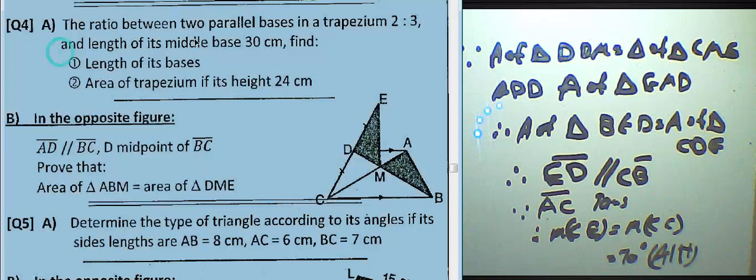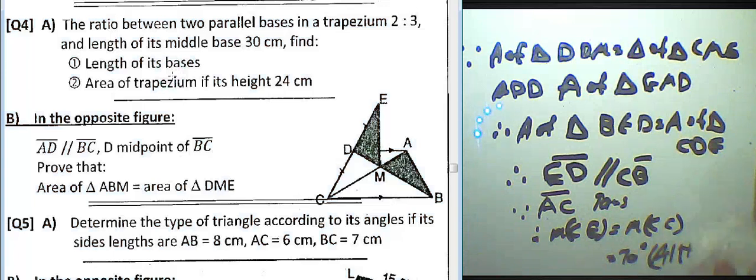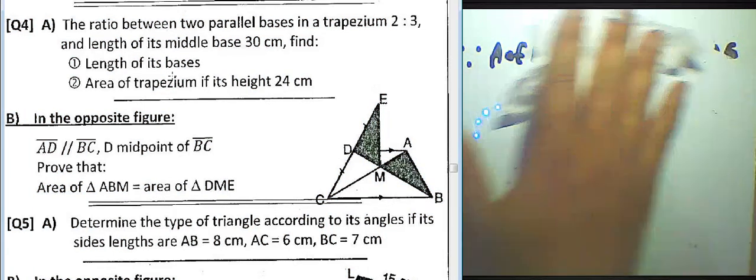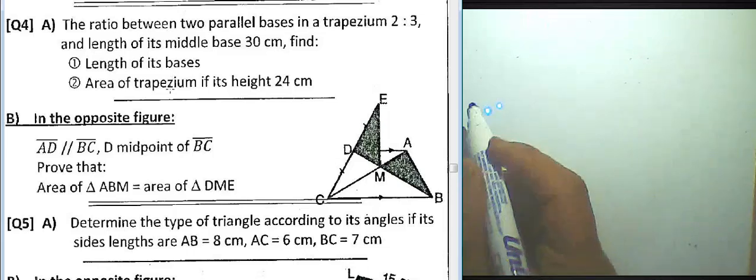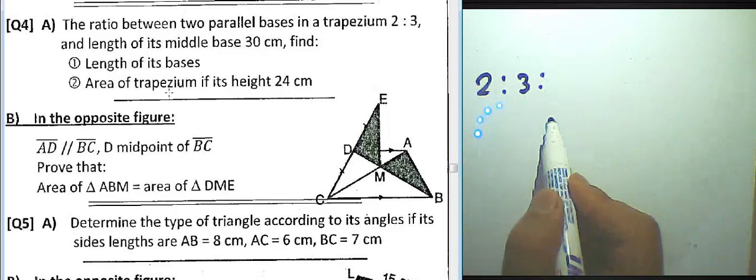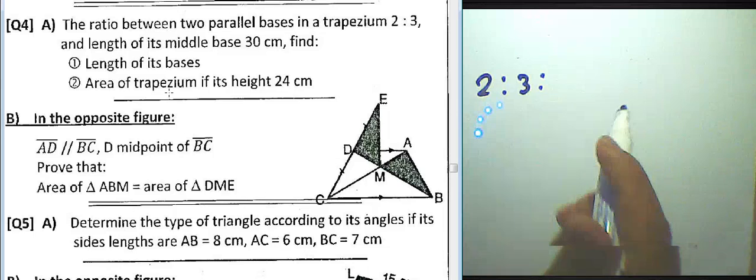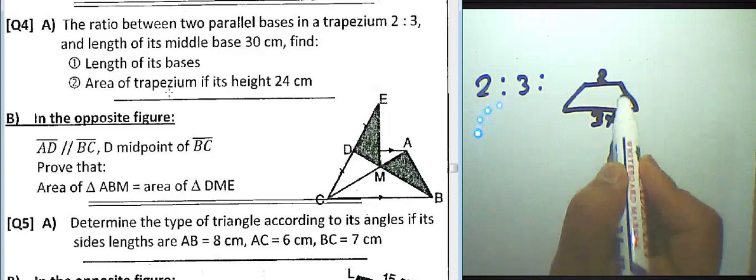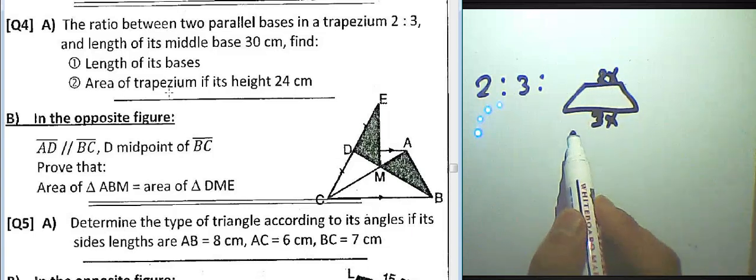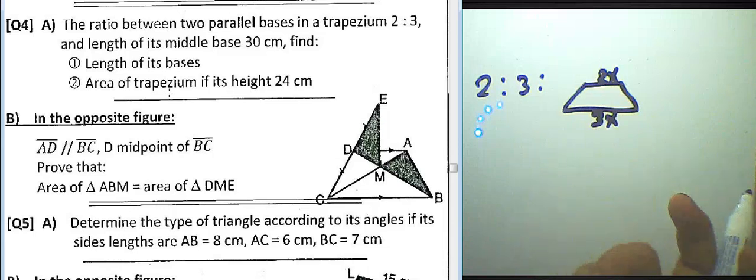Question number 4. The ratio between two parallel bases in a trapezium is 2 to 3 and the length of the middle base is 30 cm. Find the length of the bases. We know the area of a trapezium equals the length of the median, or middle base, multiplied by the height. The ratio between the two bases is 2 to 3. We put x as the constant, and the length of the middle base is 30.